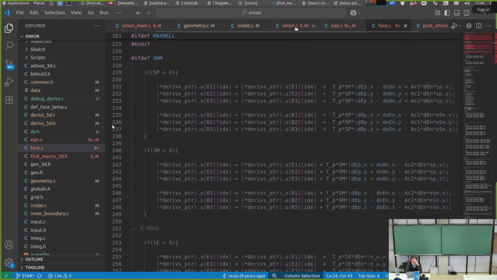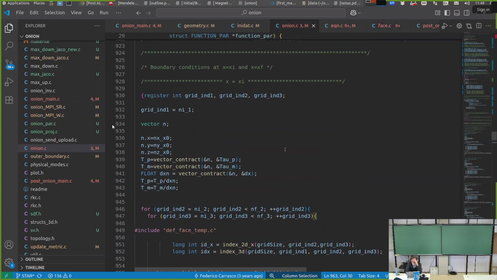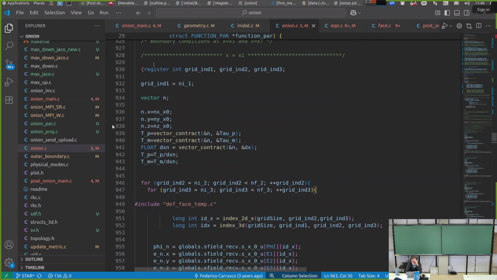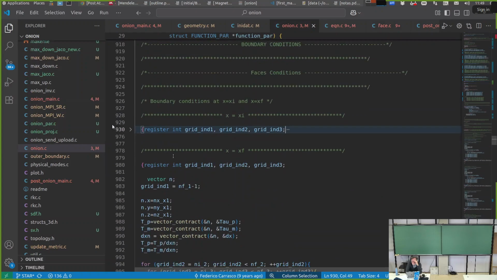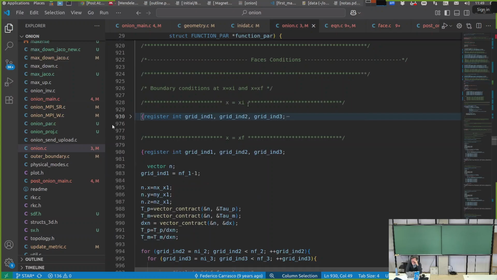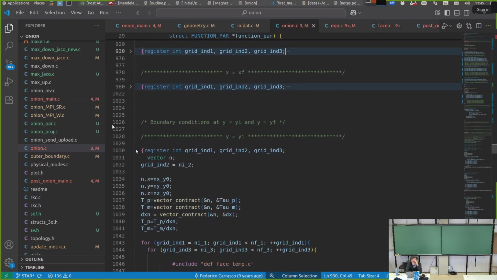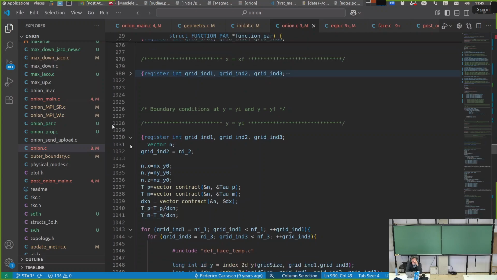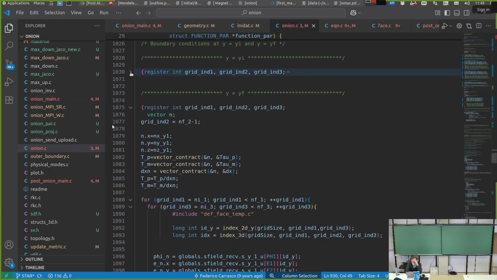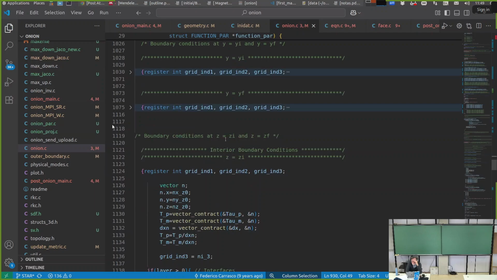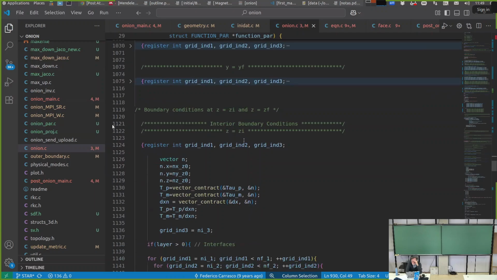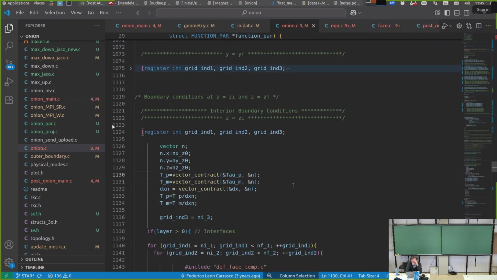So remember, this is only applied to the interfaces, and at each of the interfaces we do this. So this is, for instance, x, the initial x, the final x. So all the sides of each of these boxes. In particular, there might be a special surface for the case, as I mentioned, when we want to represent the neutron star.